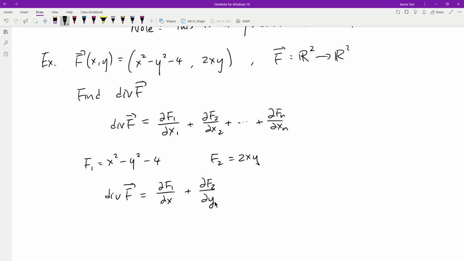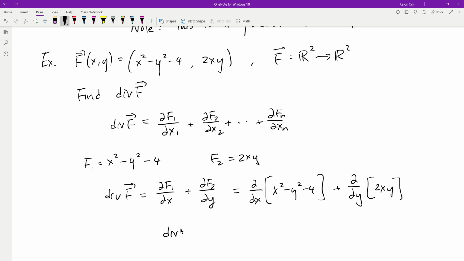Notice I dropped the x1, x2 and instead use the more common notation x and y, because that's the variables we're using in this particular example. So I'm taking the derivative with respect to x of F1, which is x squared minus y squared minus 4, plus d over dy of 2xy.